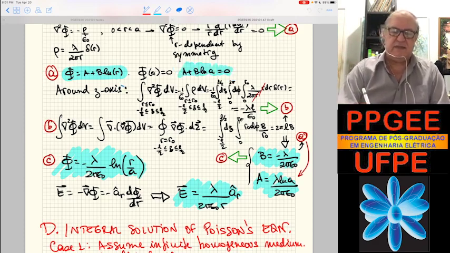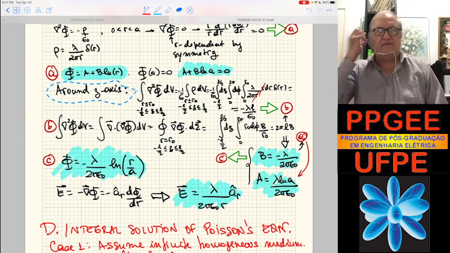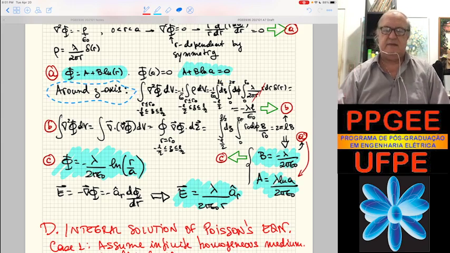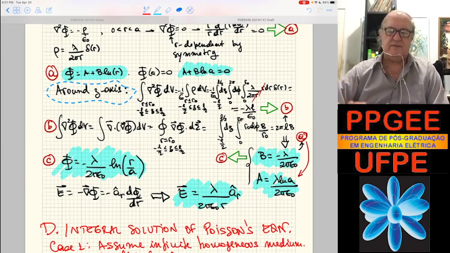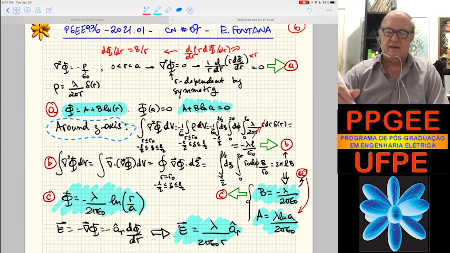The second condition is the information that we have a line charge on the z-axis. So we're going to integrate the original equation. Let me just write here.